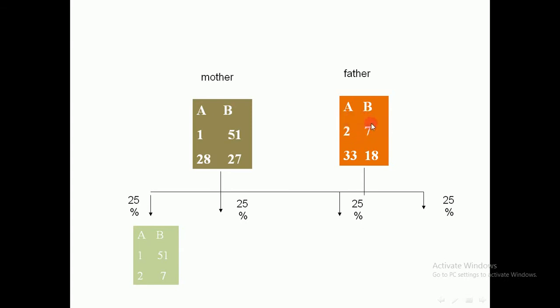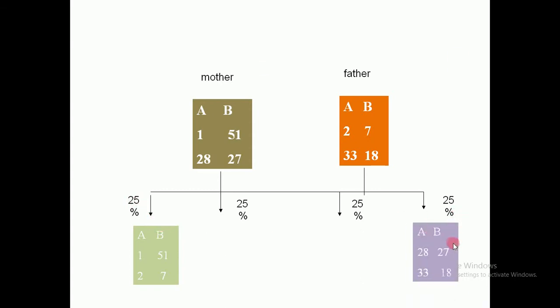We read it horizontally, A, B, A, B, 1, 51, 2, 7. This haplotype is from the mother, and this haplotype is from the father. And this constitutes 25% of the offspring.